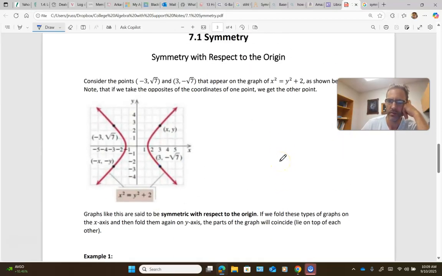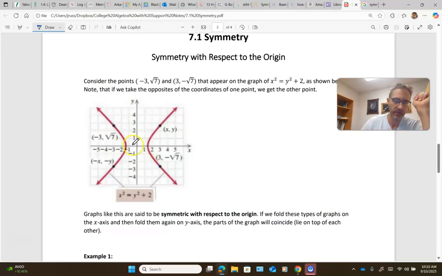But anyway, so what does symmetry with respect to the origin mean? Well, the origin is the center point here. So it means for two opposing points, or two corresponding points, to be symmetric with respect to the origin, not just their x's, but also their y's have to be opposites. Okay? So both x and y have to be opposites.